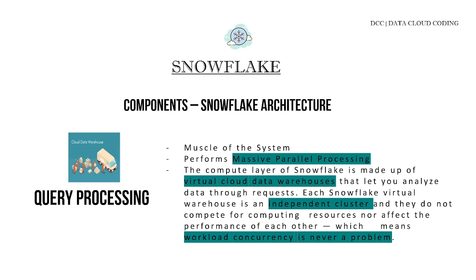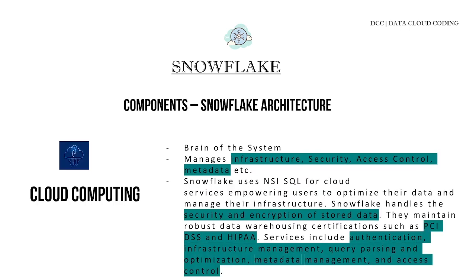Okay, so now let's look into the third layer, which is the most important component of the Snowflake architecture. This layer is also referred to as the brain of the Snowflake architecture.